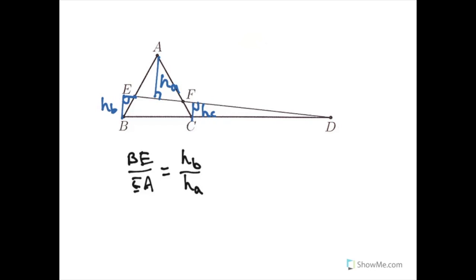And similarly, since this triangle here is similar to this triangle here, AF over FC is equal to h sub a over h sub c.